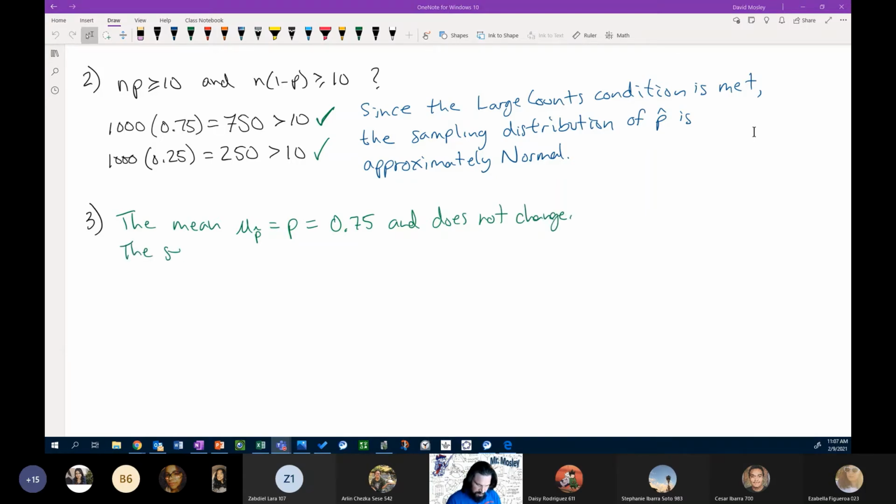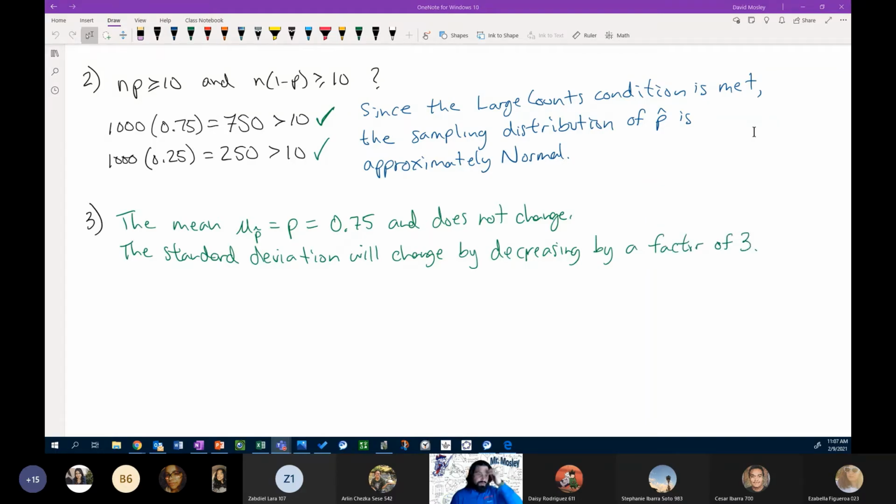The standard deviation is going to change by decreasing by a factor of 3.